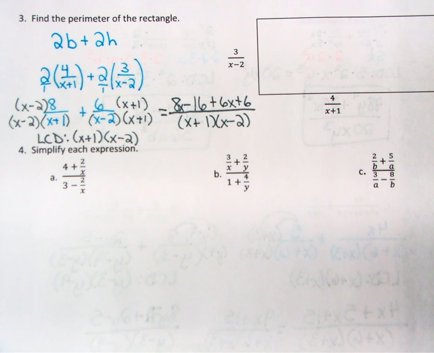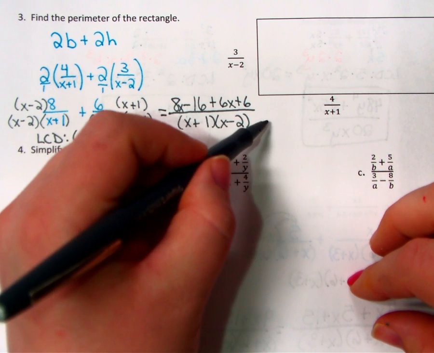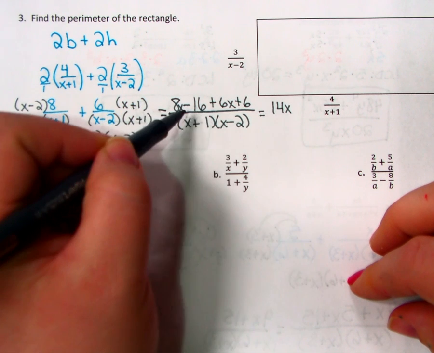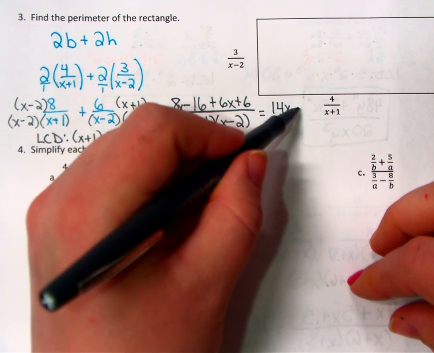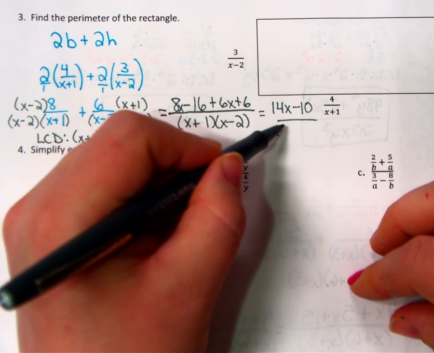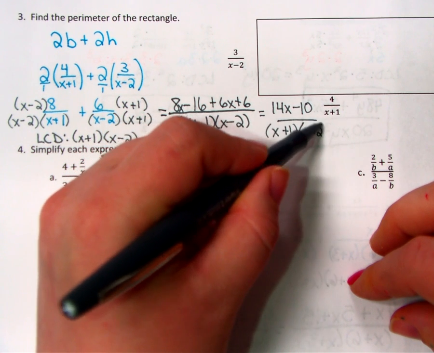Now we're looking for common terms to be able to combine. So I have 8x plus 6x gives me 14x. Negative 16 plus 6 gives me negative 10, all over x plus 1, x minus 2.